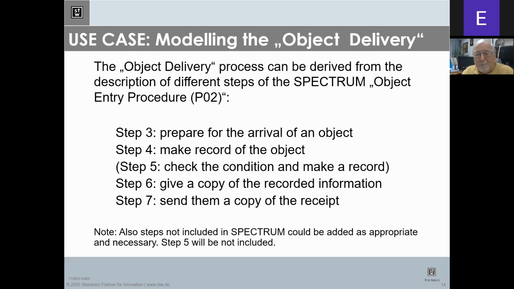Step 3, prepare for the arrival of an object. Step 4, make a record of the object. Check the condition, make a record. Step 6, give a copy of the record information and send a copy of the receipt to the depositor. So I'm only looking into some specific steps which I'm using in my presentation. You could also add your own procedures to it.